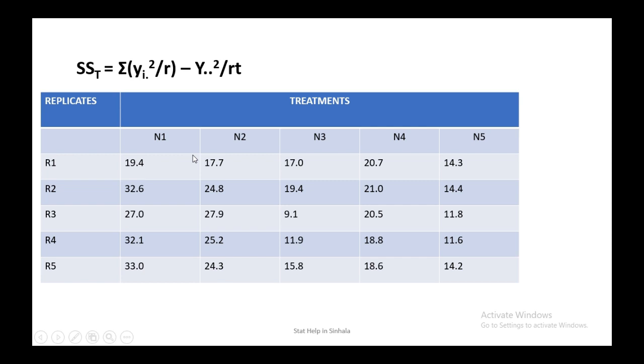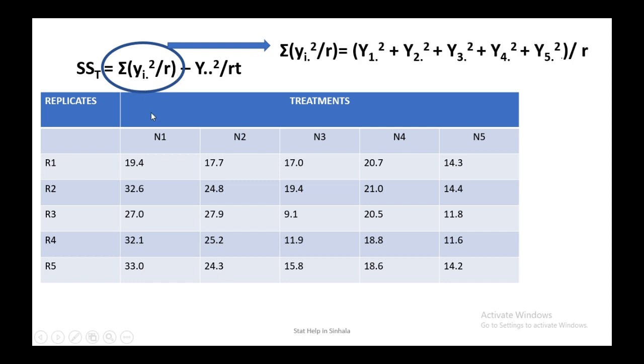First of all, we can see how to calculate sum of square treatment. Sum of square treatment can be calculated by using this equation. In this equation, the first part is the summation of yi dot square divided by r. Yi dot means the summation of each treatment. In here, we should get the square of the summation of each treatment.